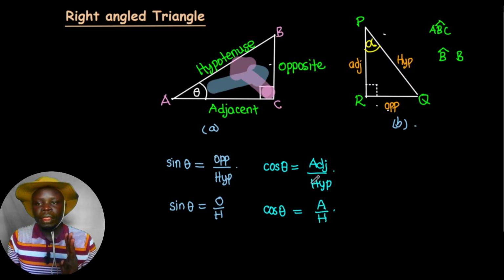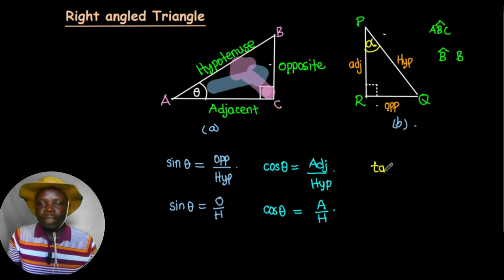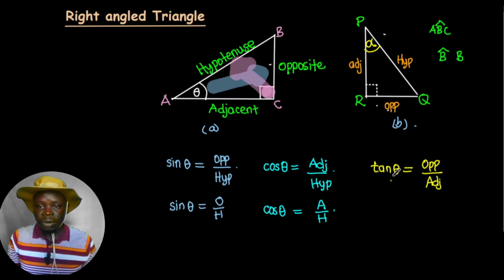So let's go to the third basic one here, and that is tangent. So we have tangent of any angle theta given by opposite over adjacent. So when you study this carefully, you realize that tangent looks like we are dividing the numerator of the first trig ratio by the numerator of the second trig ratio.